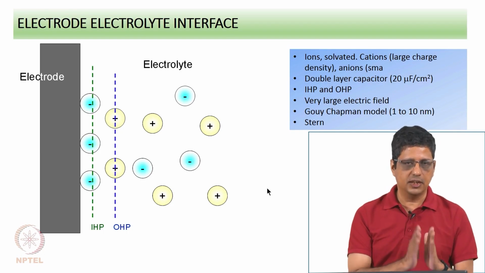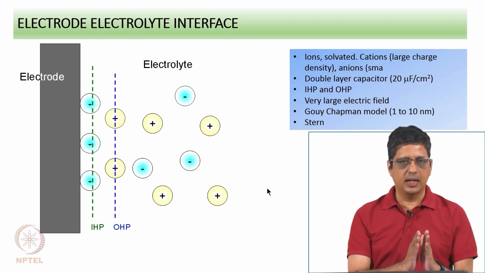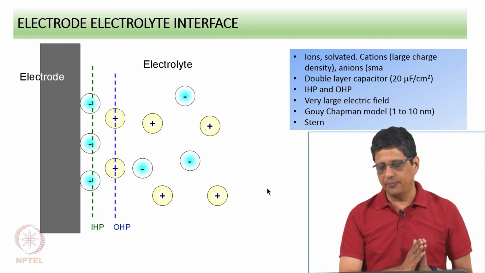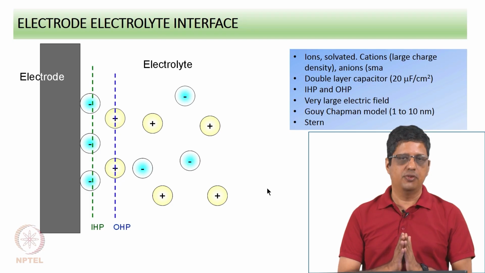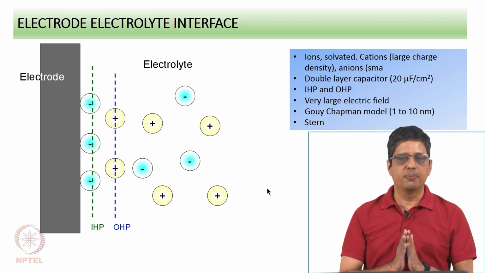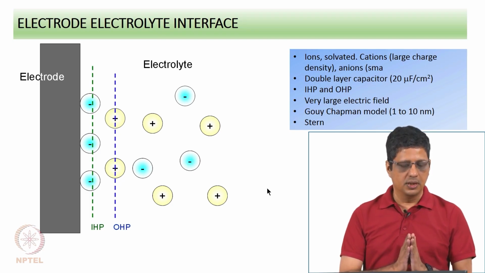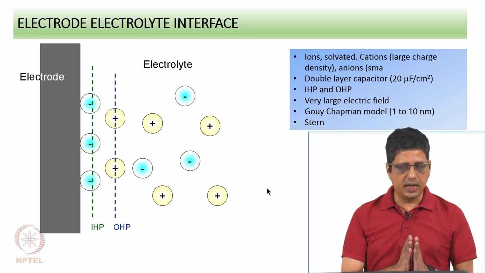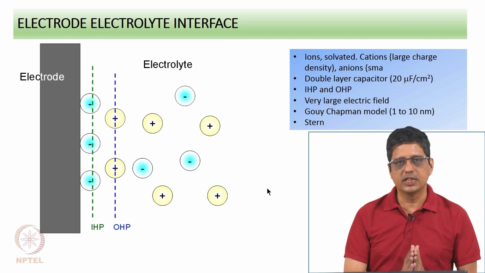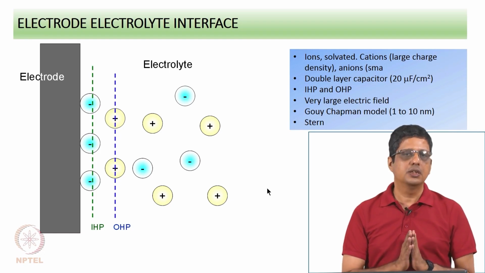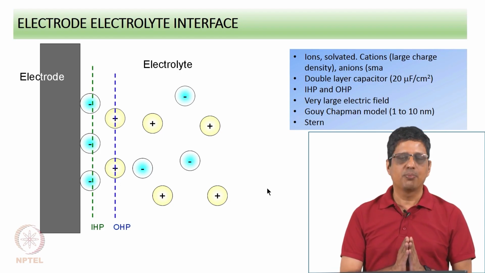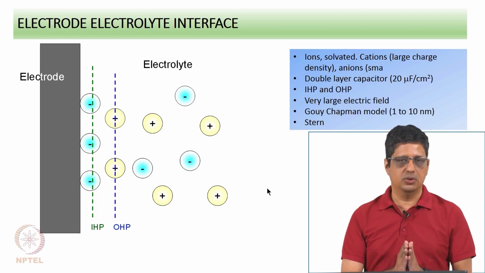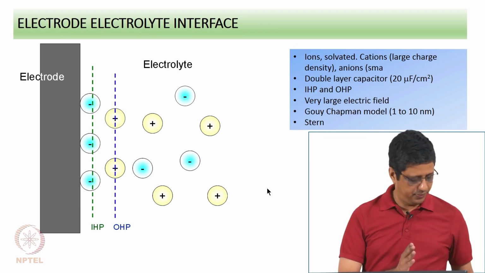So, it is a combination of the Helmholtz plane as well as the Gouy-Chapman model. If you have electrolyte concentration in the range of 1 molar, then pretty much all the charge separation or charge distribution occurs right next to the electrode, and you do not have to use the Gouy-Chapman model. If the concentration of the electrolyte in water is about 1 millimolar, then probably it is a better choice to use the Gouy-Chapman model.